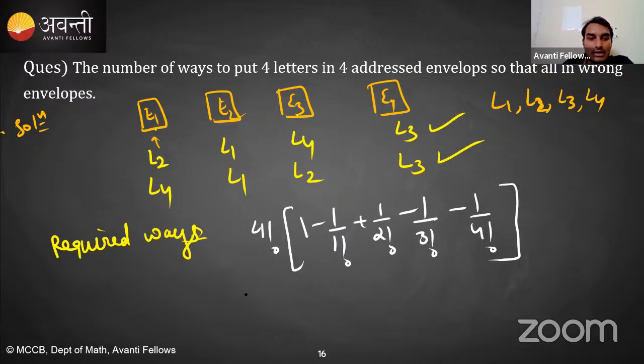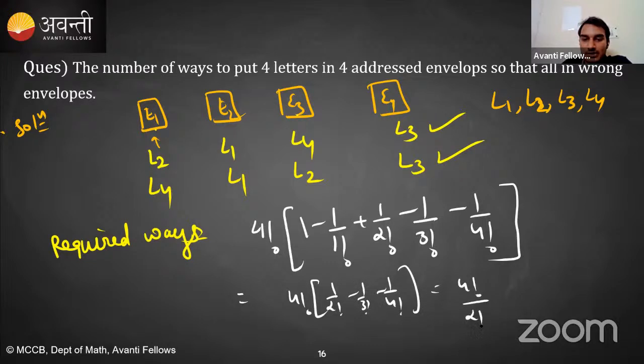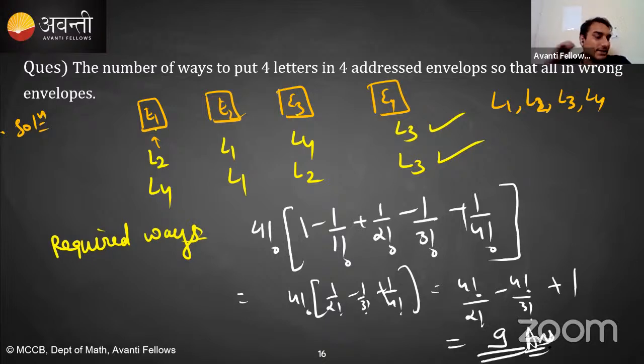Now solve it further: 4 factorial upon 2 factorial minus 4 factorial upon 3 factorial plus 1. How much did it come? 12 minus 4 plus 1, which is 9. So 9 is the answer. Is this clear? Everyone just let me know quickly.